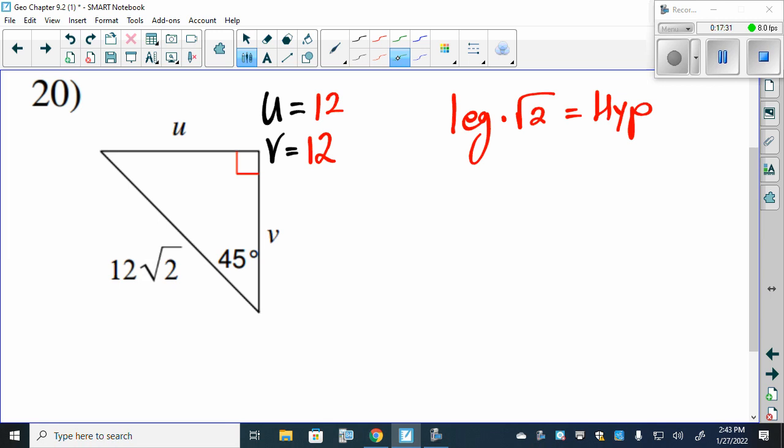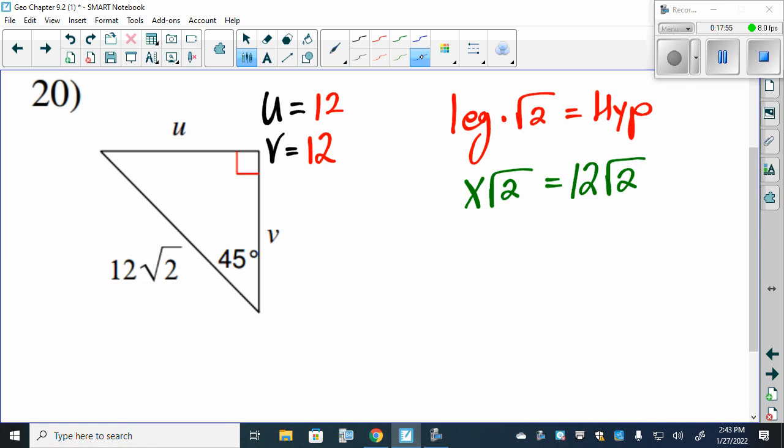Well, do we know what the length of the leg is? Well, we know it should be 12, yes? But if I'm solving for it, we can call it x times the square root of 2, because they didn't officially give us it. We were able to figure it out. And they told us that the hypotenuse is what? 12 square root of 2.